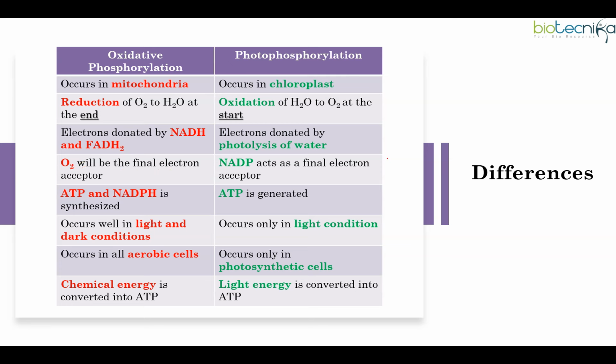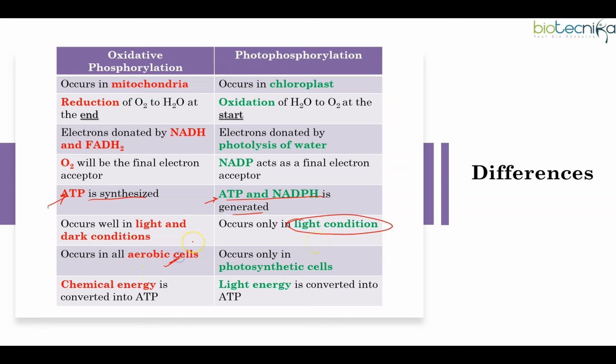In oxidative phosphorylation, only ATP is synthesized, but in photophosphorylation, as we saw, ATP and NADPH both are generated. Oxidative phosphorylation is independent of light conditions. It can happen anytime, but photophosphorylation, since the energy comes from a light source, needs to happen in light conditions.